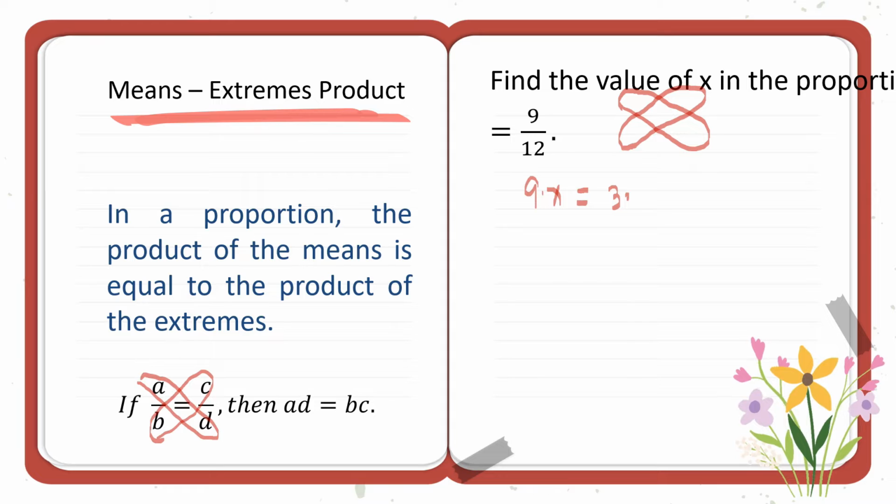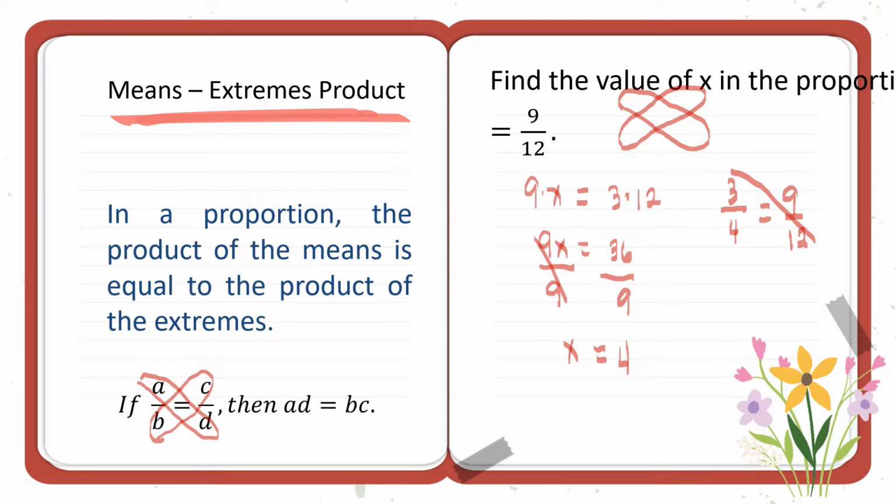So 3 times 12. 9 times x is 9x. 3 times 12 is 36. To solve for x, we divide both sides by 9. So we get x is equal to 4. To check whether your answer is correct, we substitute 4 for x, so 3 over 4 equals 9 over 12.